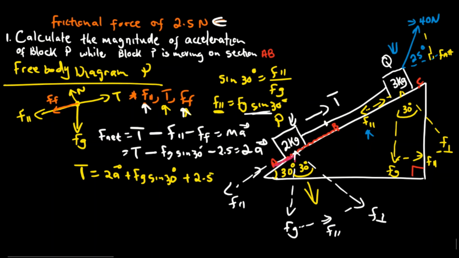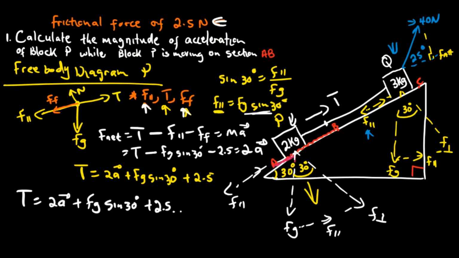So if we write it properly to be clear, T equals 2a plus F_g sine of 30 degrees plus 2.5.